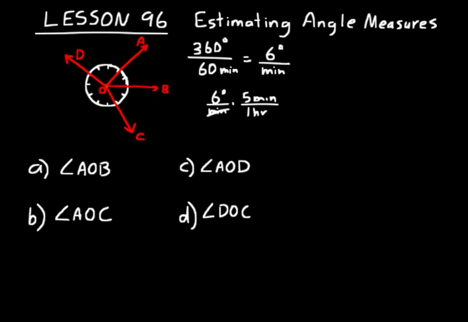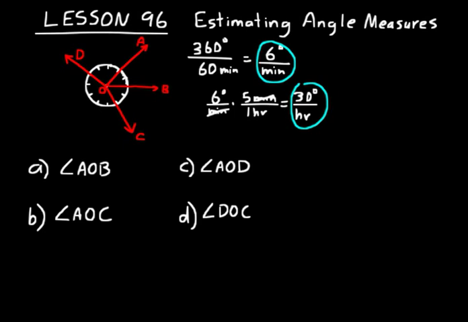Our minute units cancel, and we end up with 30 degrees per hour mark. Knowing these two things, that there are 6 degrees per minute and 30 degrees per hour mark, that second one will allow us to answer all of those practice problems there.